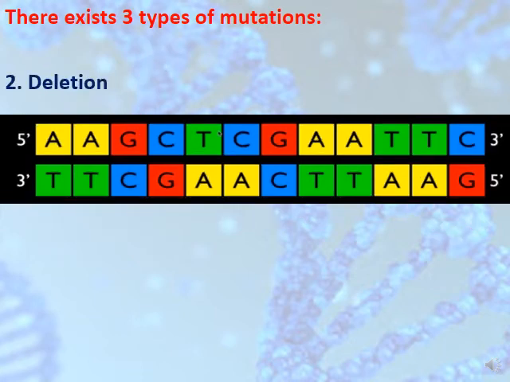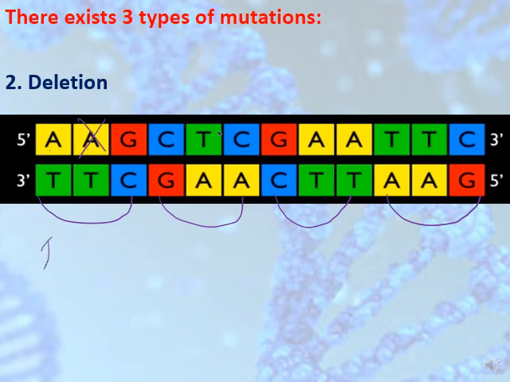The second type of mutation is called deletion. For example, let's say I deleted the second nucleotide of the first codon. This is the first codon. This is the second codon. This is the third codon, and this is the fourth codon. We said a codon is composed of 3. So the second nucleotide of the first codon, 1, 2, is the one deleted.